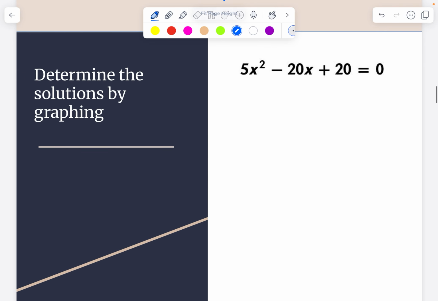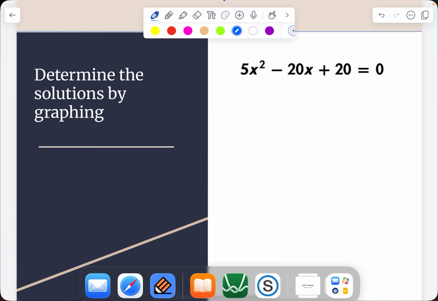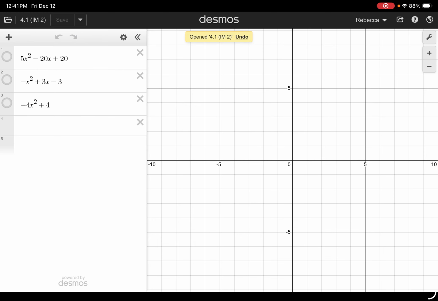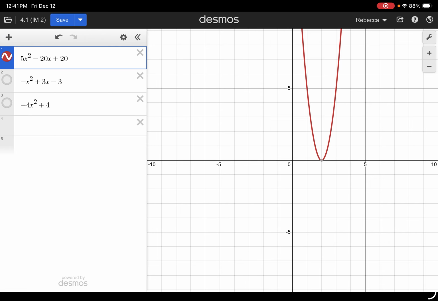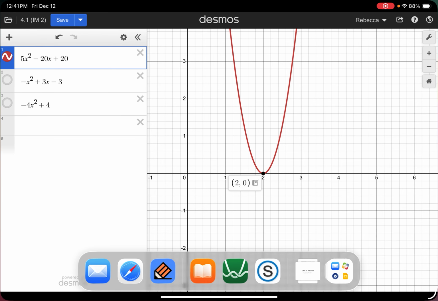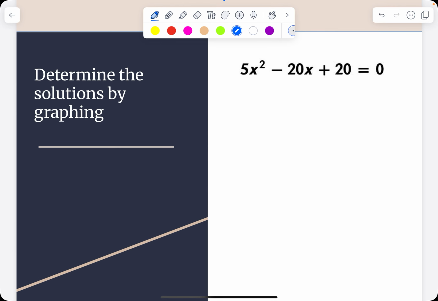So this one, 5x squared minus 20x plus 20. I'm going to show you what the graph of that looks like. If we look at this graph, I see it has one x-intercept. That x-intercept is at (2, 0), which means the solution to this is just 2.